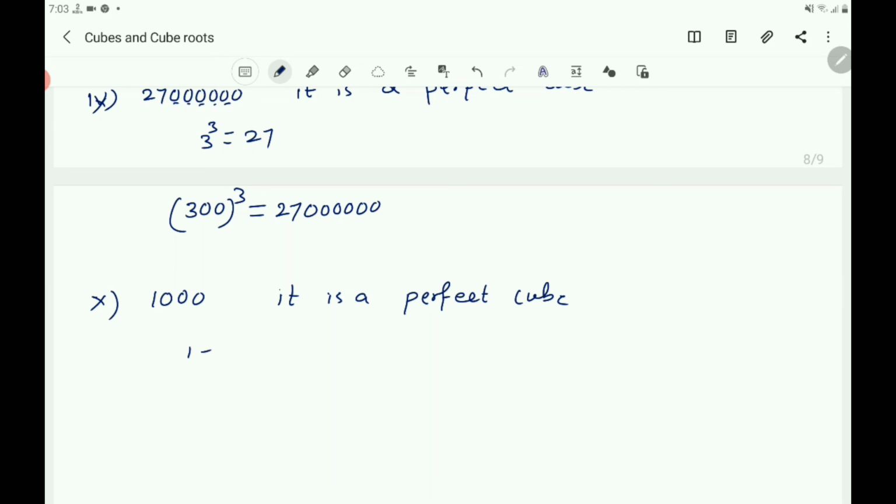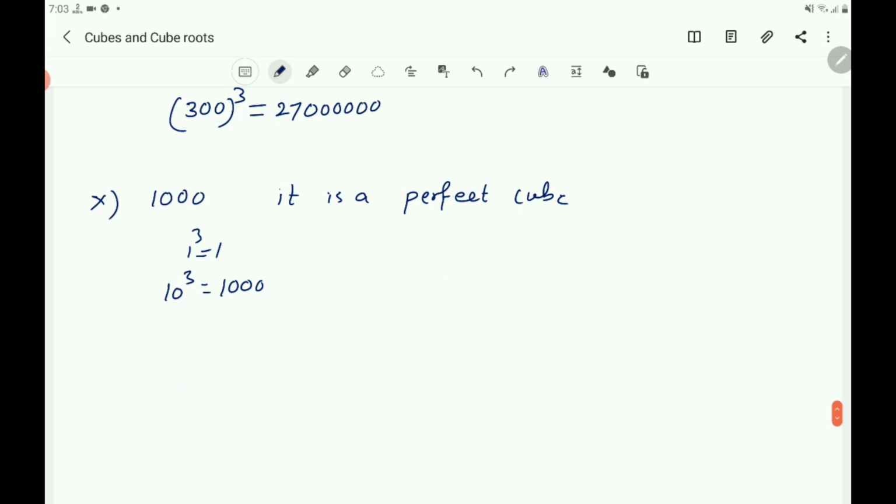That is, 1 cube equals 1 and 10 cube equals 1,000. Here 1 zero in its cube gives 3 zeros. In this way we discussed and concluded about whether the number is a perfect cube or not.